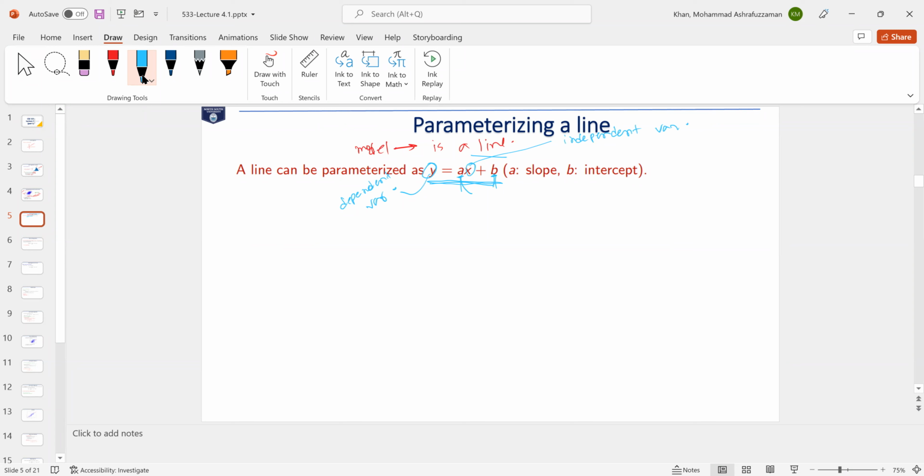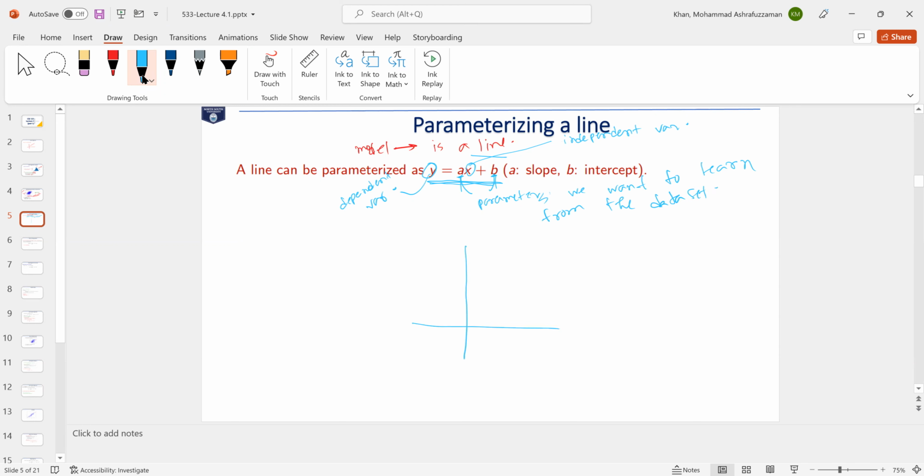A and B are the parameters we want to learn from the dataset.